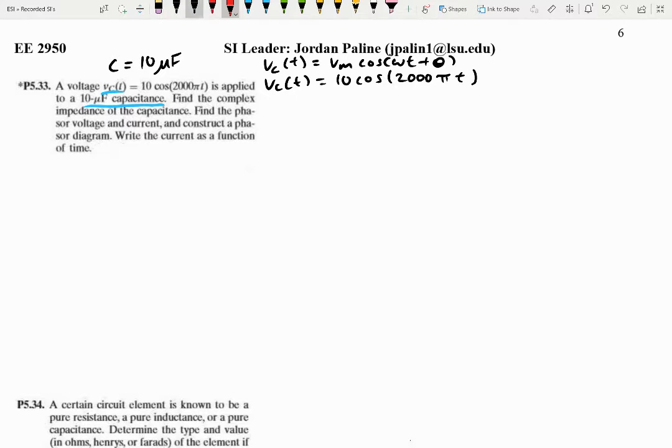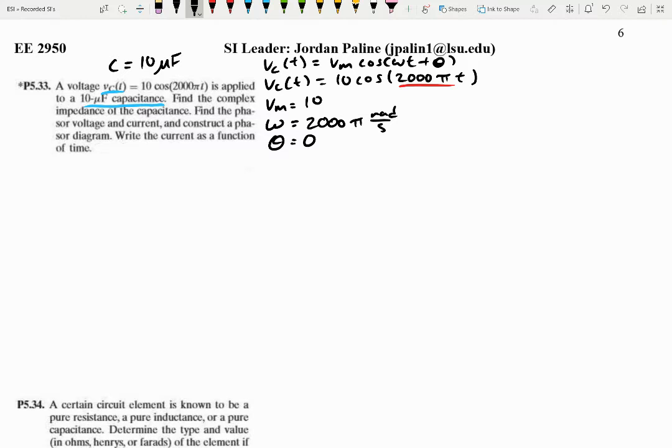Okay, so from here, let's pick apart what they gave us. V of M is going to be equal to 10. Our omega is going to be 2000 pi radians a second. It's everything that's before the t in here, okay? So 2000 pi. And then our phase angle is 0 because there is no plus or minus part behind it.